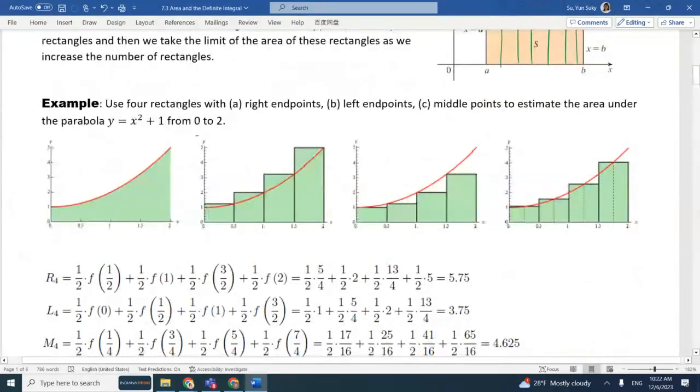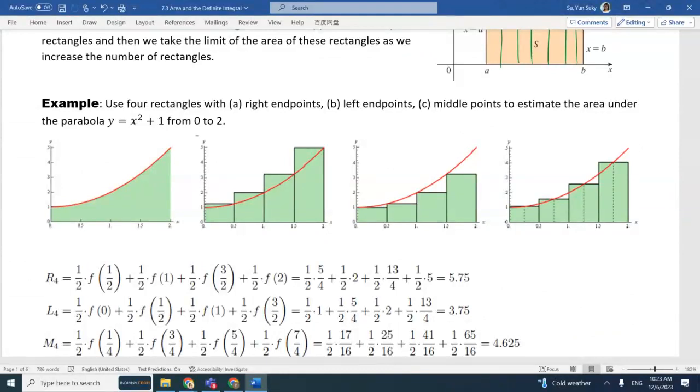You have the function y equals x squared plus 1. You know x squared is a parabola, and plus 1 means you shift the parabola up 1 unit. So the y-intercept is 1. Okay, everybody?